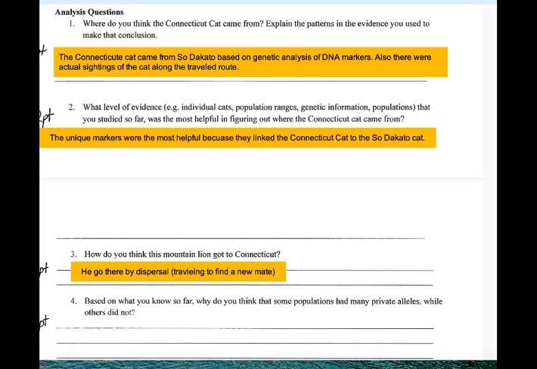Number 4, based on what you know so far, why do you think that some populations had many private alleles while others did not?